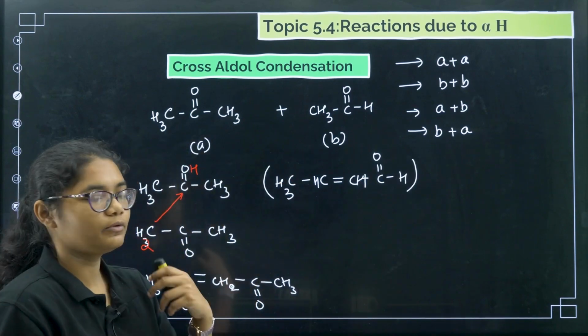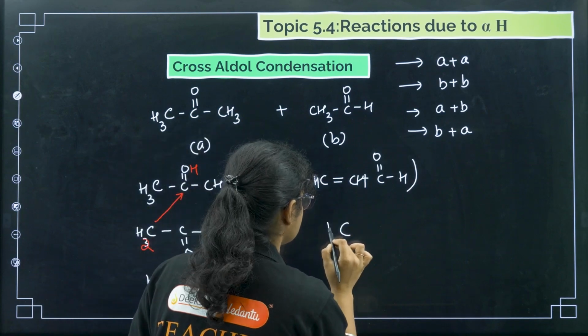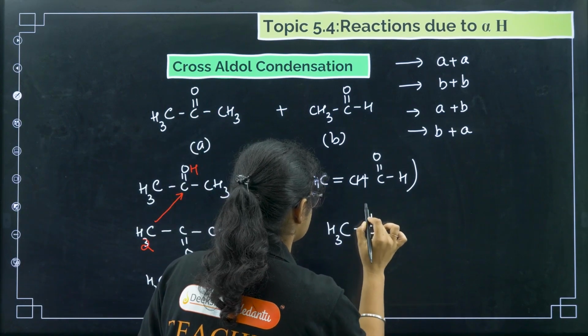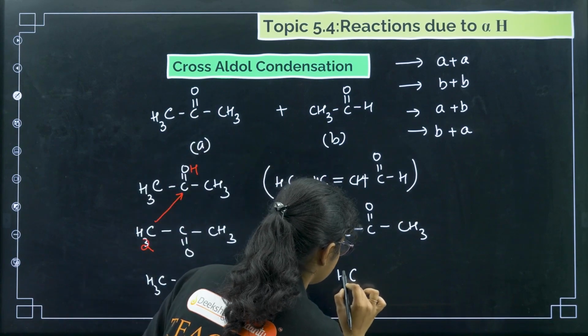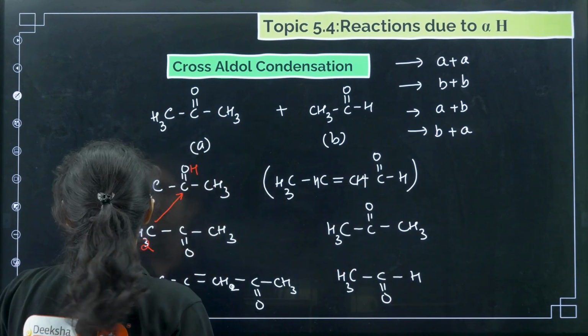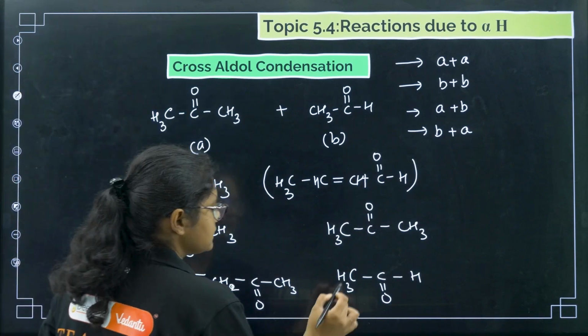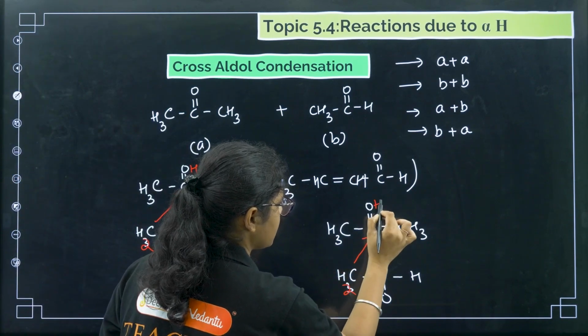Now I'll tell you how to do A plus B and B plus A. A plus B means I'll write like this: CH3COCH3 plus B, that is CH3COH. Then what is the trick here? The trick is just connect this alpha carbon here, remove one hydrogen here and make it OH.